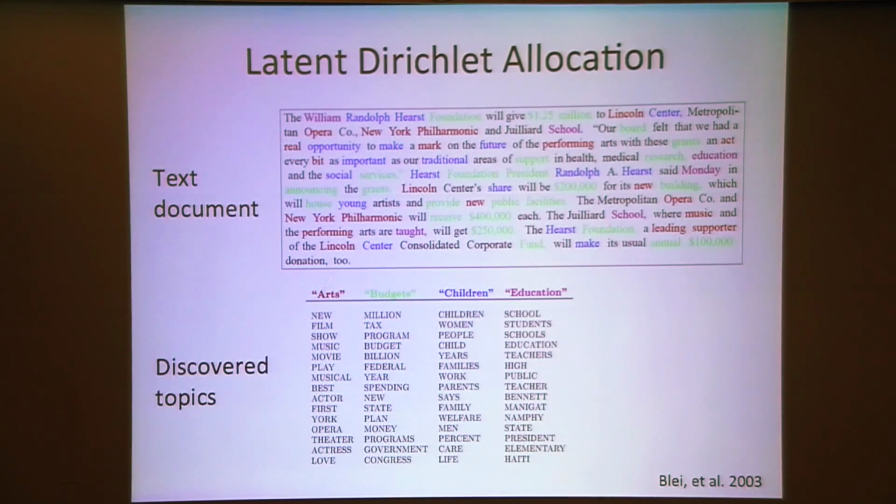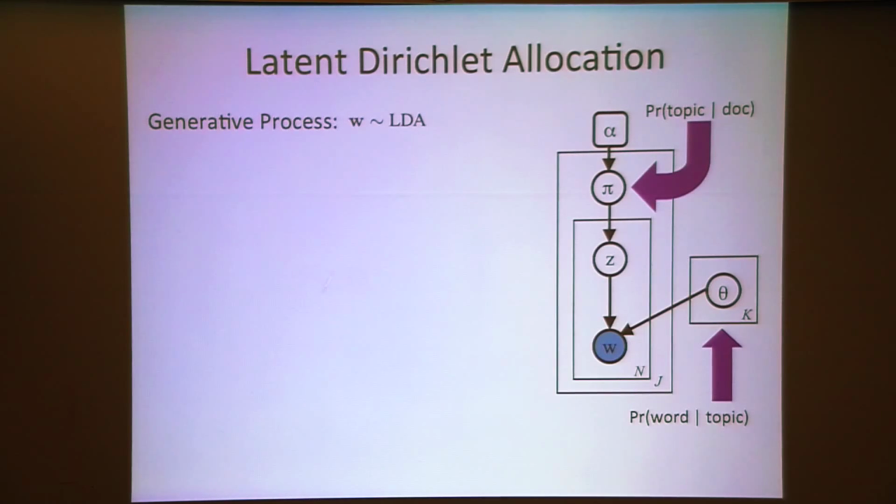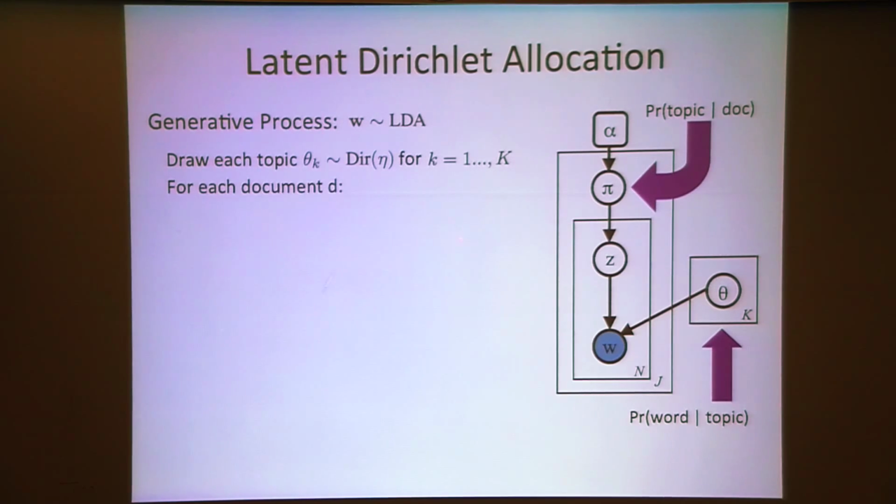Now, what's the probabilistic model behind this? It's a fairly simple model. It's not hard to fit, but the idea is the following. You predefine how many topics you want to have. For each topic, you draw the distribution over the words for that topic from a Dirichlet distribution. Now, for each document D, you draw topic proportions.